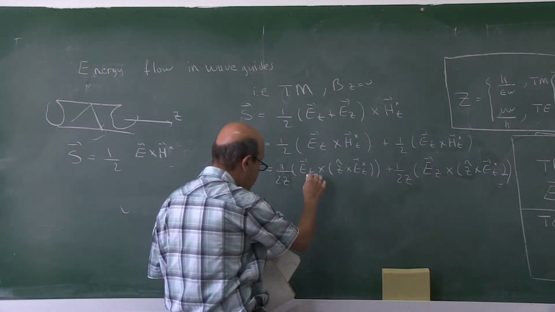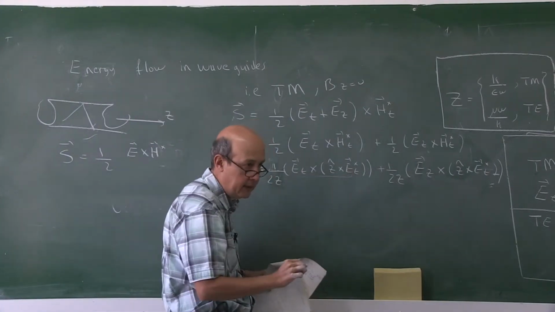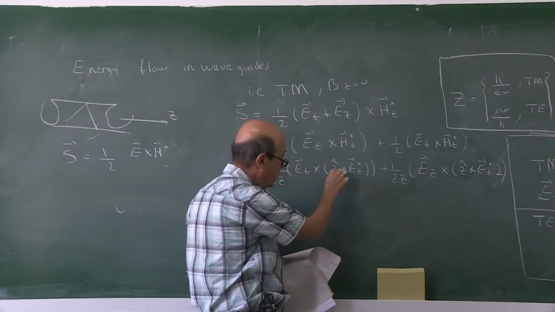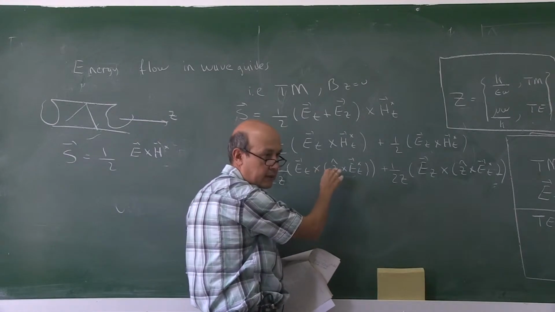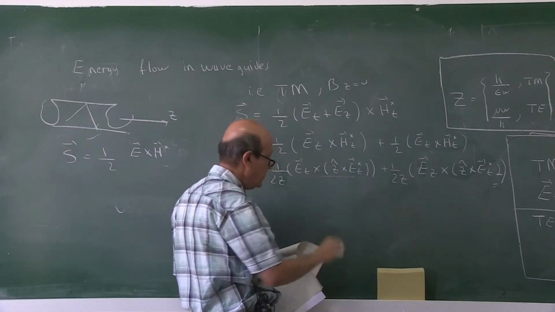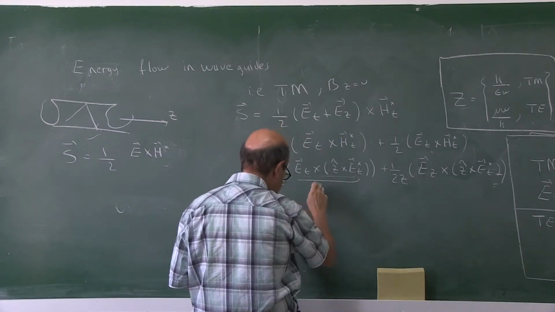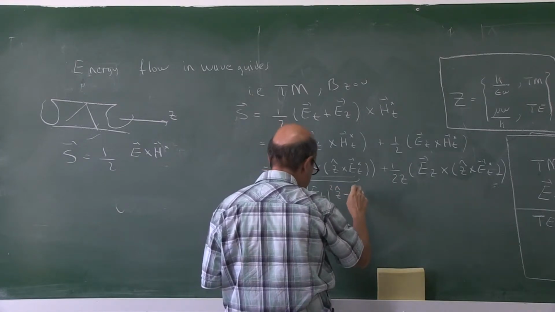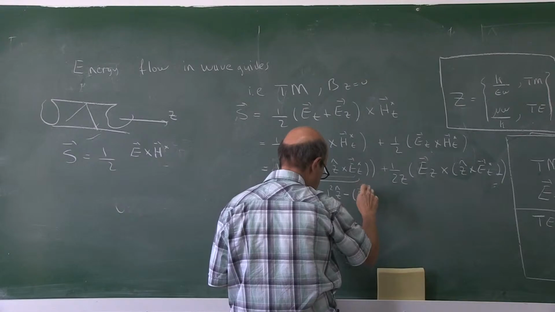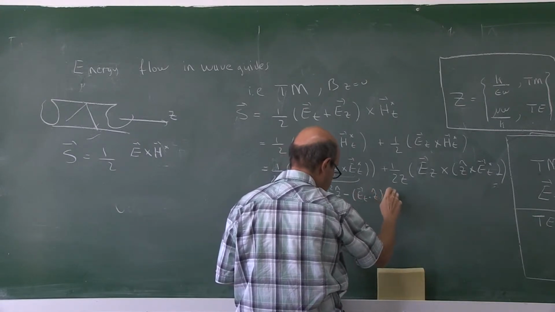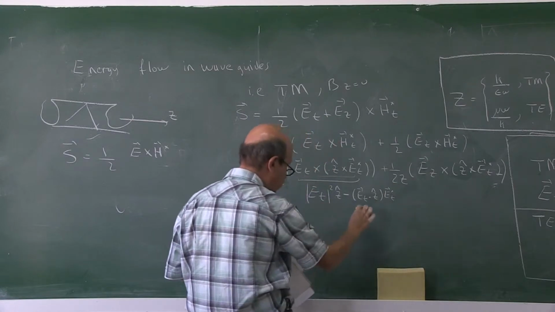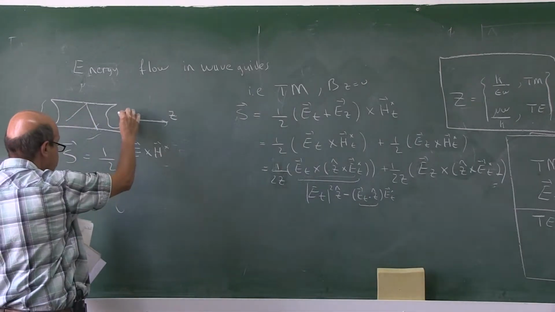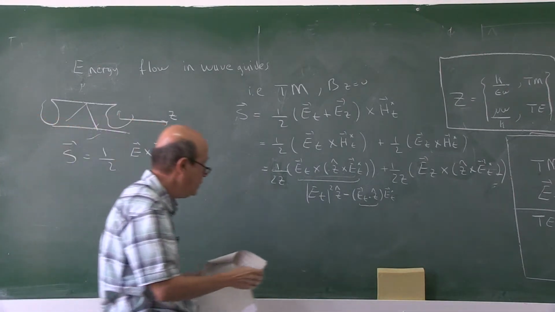And what is this? That is equal to E dot E along z minus E transverse dot z along E transverse. What is E transverse dot Ez? That is E transverse along z minus E transverse dot z along E transverse. What is this? 0, because the transverse direction of the electric field is orthogonal to z. So that term will be 0.